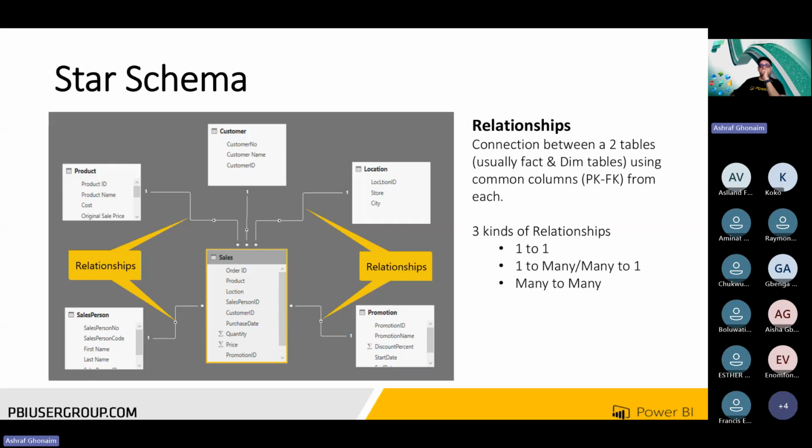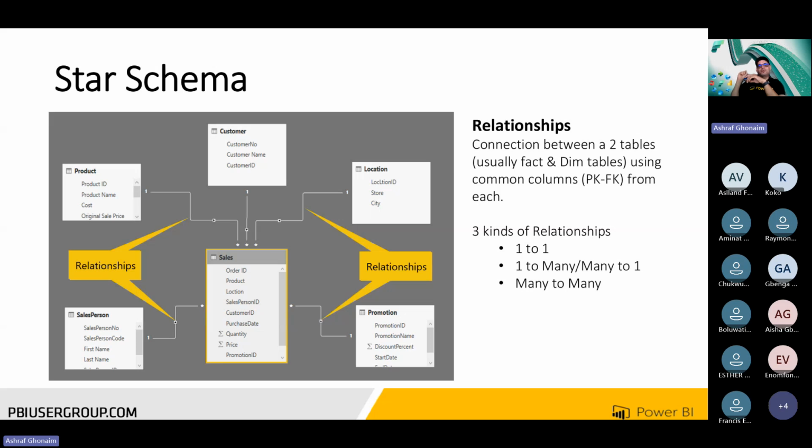Let me tackle the first one. Does that mean each of the three kinds of relationships are connected with a unique identifier? A relationship assumes there is a unique identifier somewhere, always on the one side, of course.